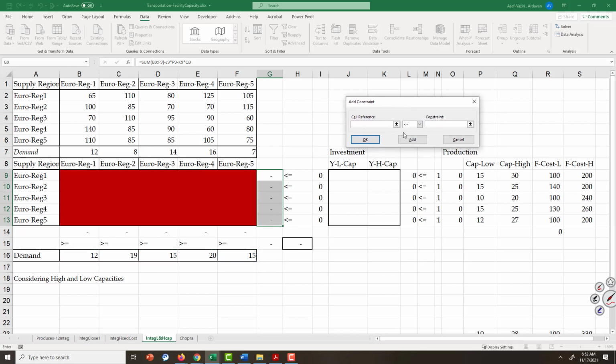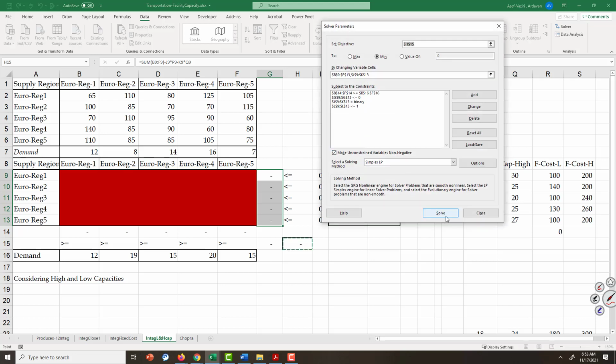Add: these summations one by one should be less than or equal to 1. Add: these variables need to be binary. Okay?